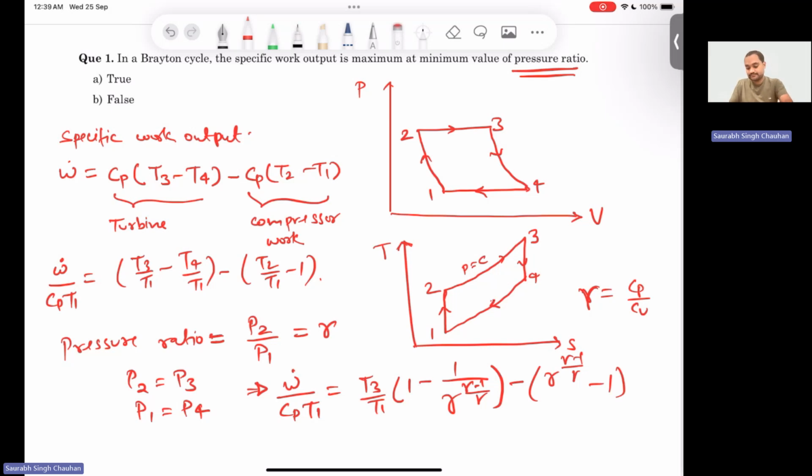So this is your specific work. We are just writing this specific work in terms of pressure ratio, using the adiabatic relation.